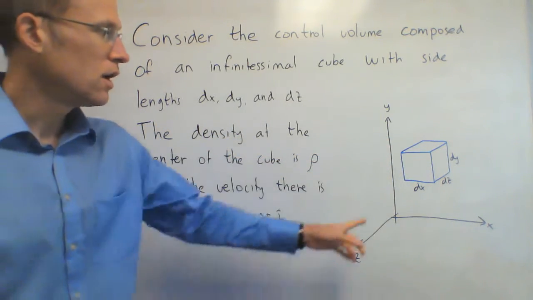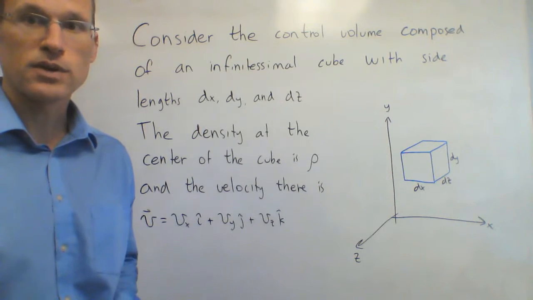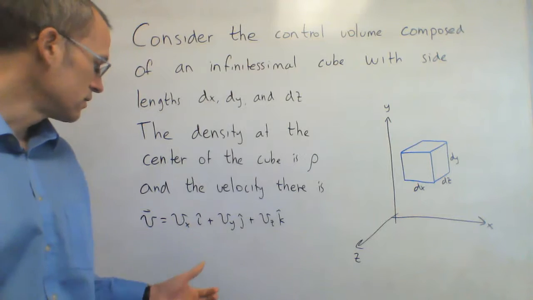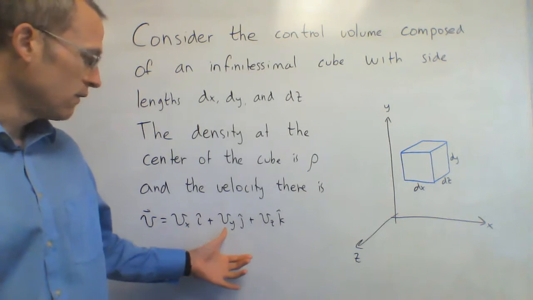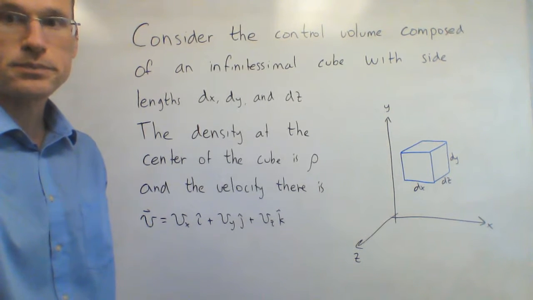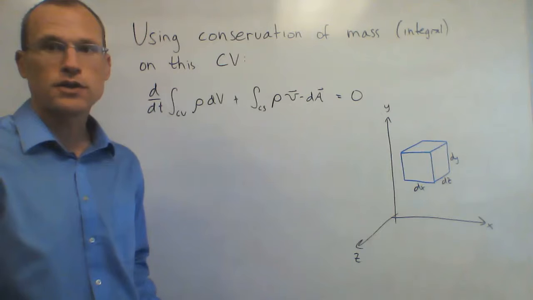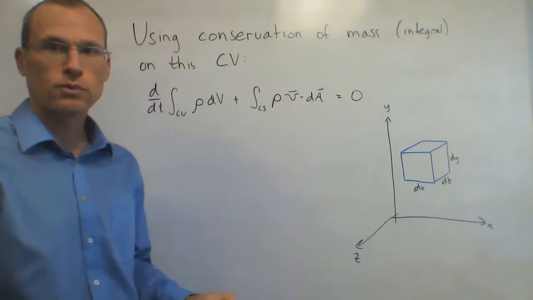In the middle of that cube, there's some density rho, and that fluid is moving with some velocity v, which has vx as an x component, vy as a y component, and vz as a z component. So as I mentioned, we're going to use the conservation of mass equation in integral form.